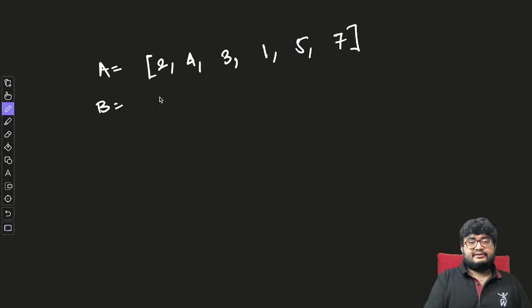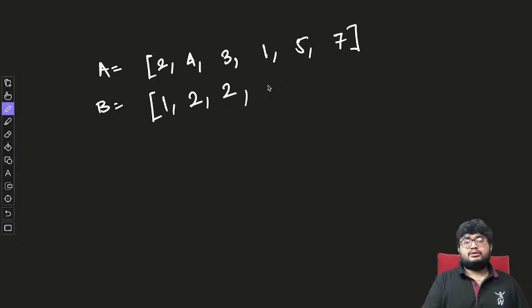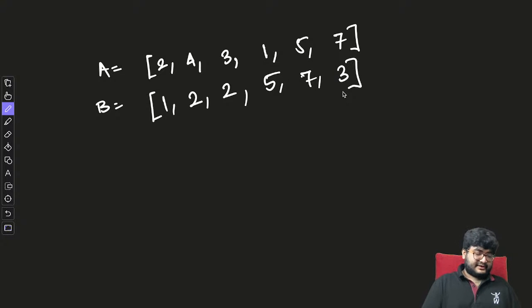In B, you have the corresponding elements as 1, 2, 2, 5, 7, 3, something like this.